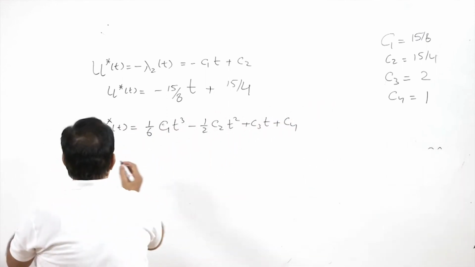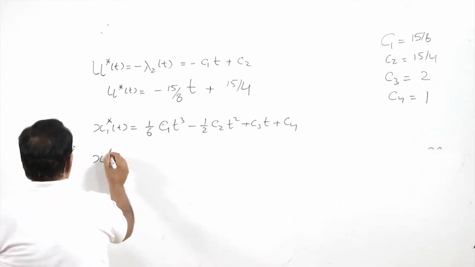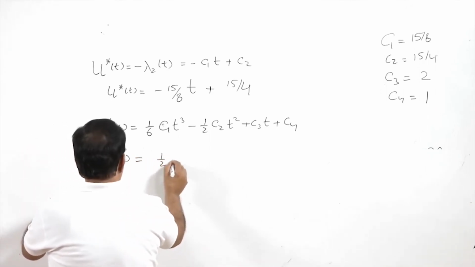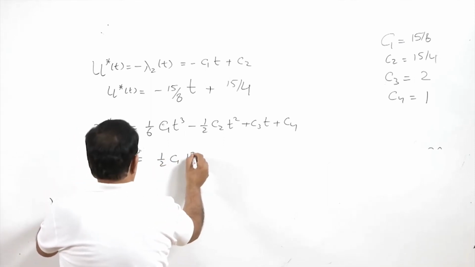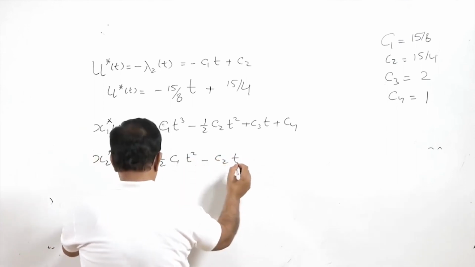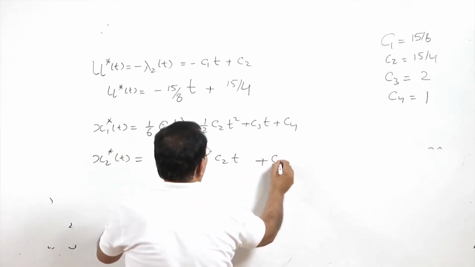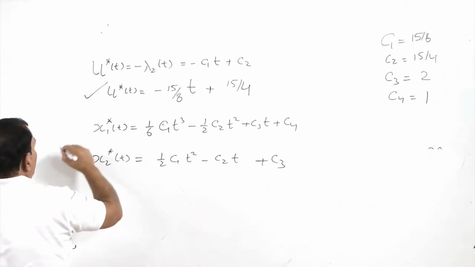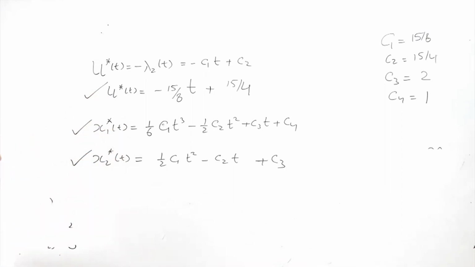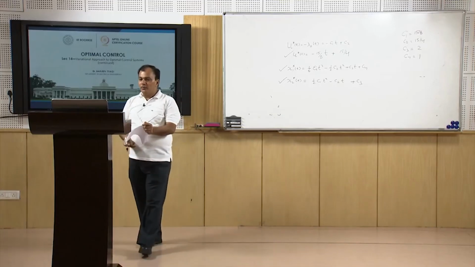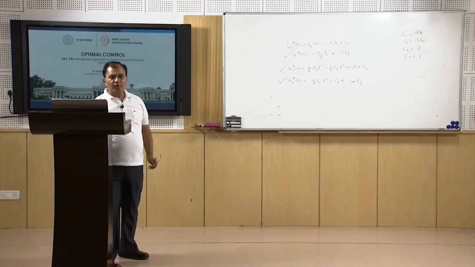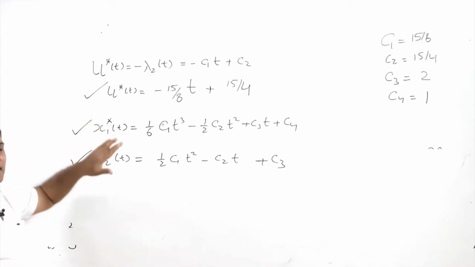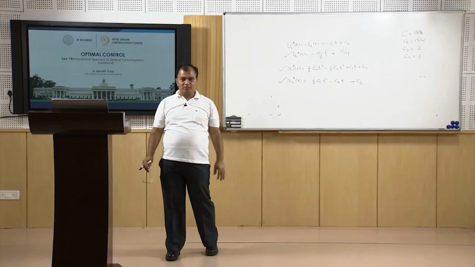So, I can place this value to get the optimal x1, and similarly optimal x2 is given as 1 by 2 C1 t square minus C2 t plus C3. So, this is my optimal control relation and these are the optimal states. So, this example gives the application of the Hamiltonian approach to determine the optimal control and the optimal states of a given system.